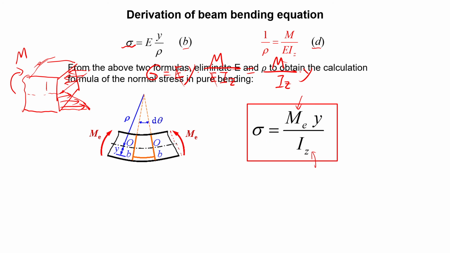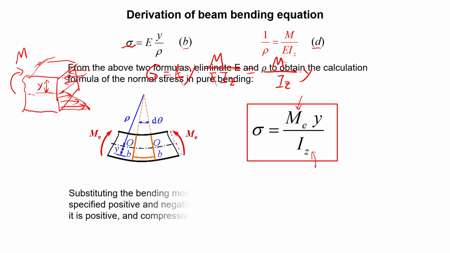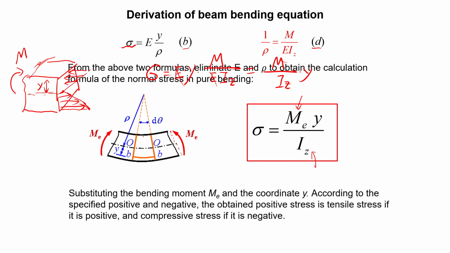Okay, y characterizes any distance along that direction, with reference to the neutral axis. So this is the most important equation we should remember, and you need to go through it again to understand how we derive it.